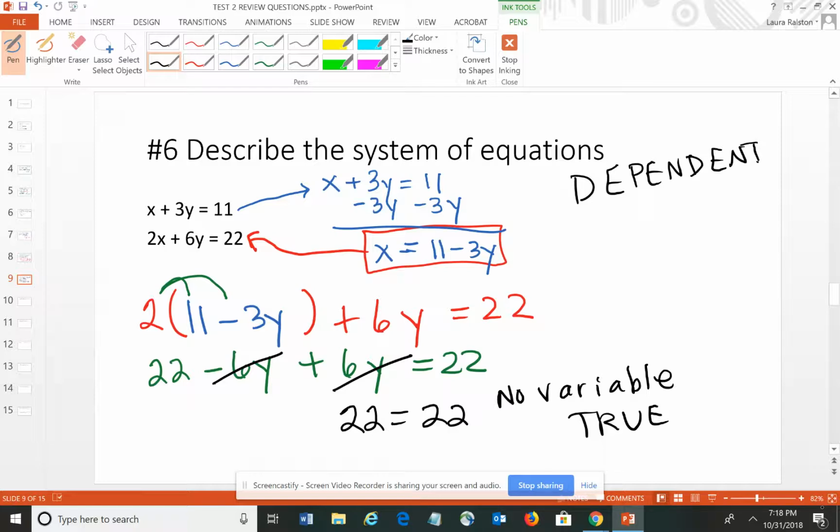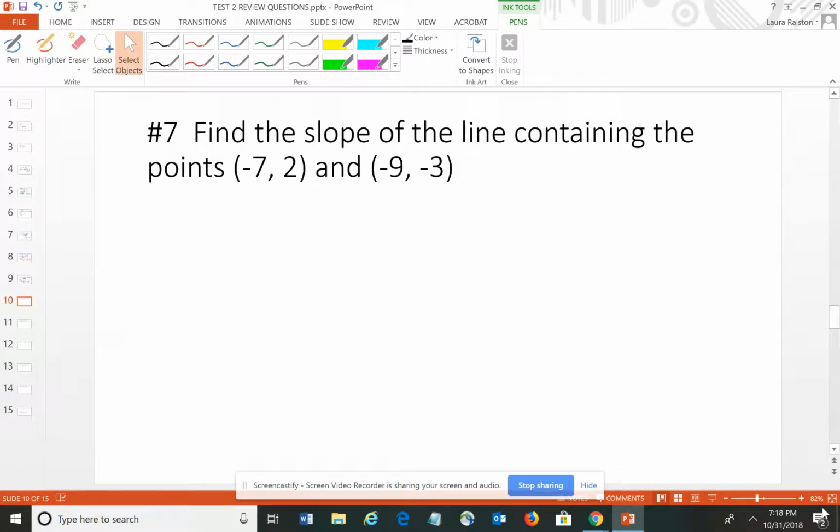Okay. Number 7. Find the slope of the line containing the points. Again, guys, that's a formula problem, okay? So we have x1, y1, x2, y2.